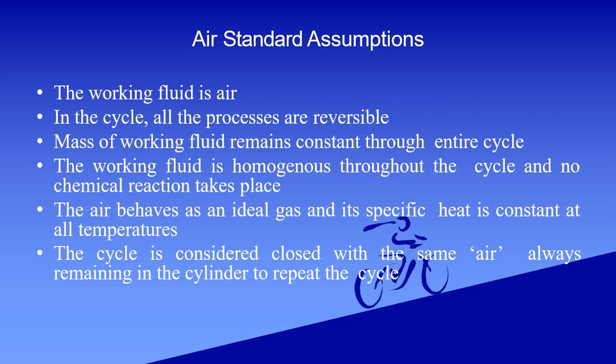But that is not actually possible. Since this is a complex process, we assume all this to get some expressions. Okay. The working fluid here, we assume, is homogeneous throughout the cycle and no chemical reaction takes place.